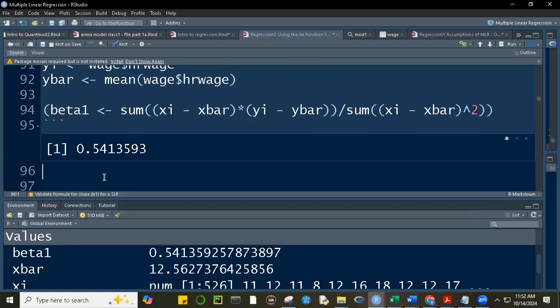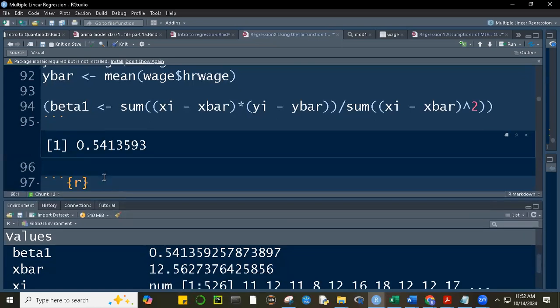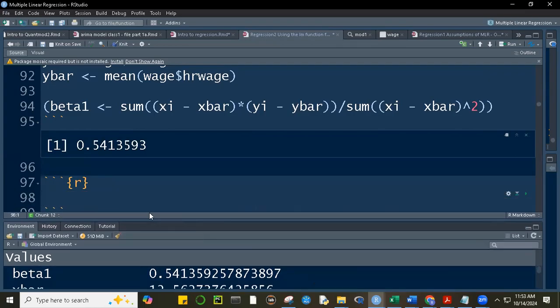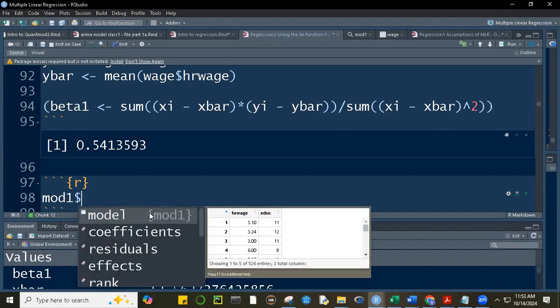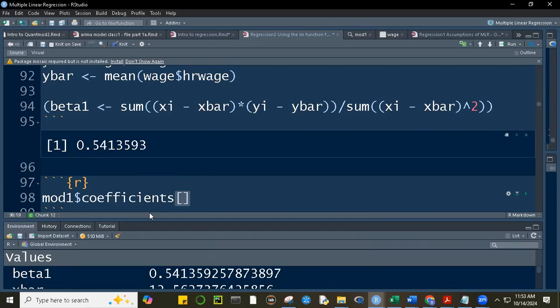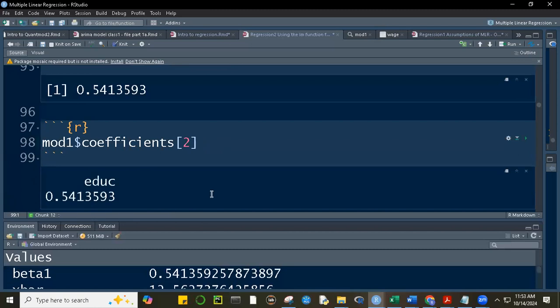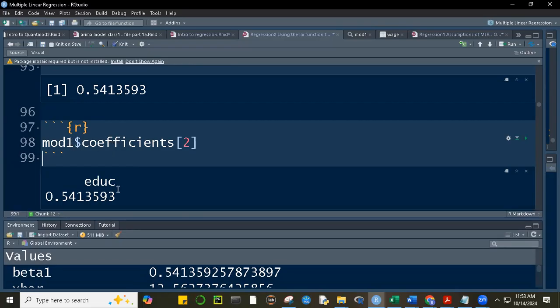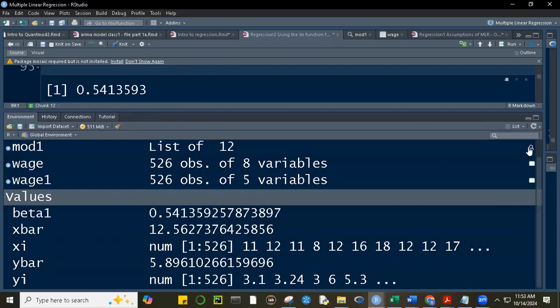So let's check with Control Alt I. If we get Model 1, class, Model 1 dollar sign, what does Model 1 contain? These are them. The coefficients are there. Okay? The coefficients. There are two coefficients: the first is the intercept, and the second is the slope. Let's look at this. There you go, class. We were able to access it. Where did it come from? From Model 1, which is the name of the object that we created.